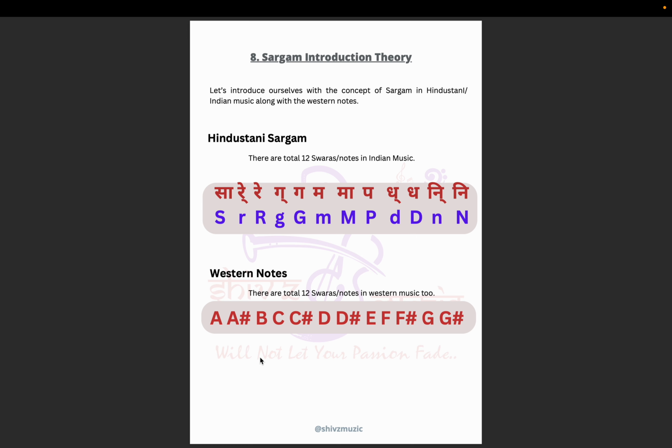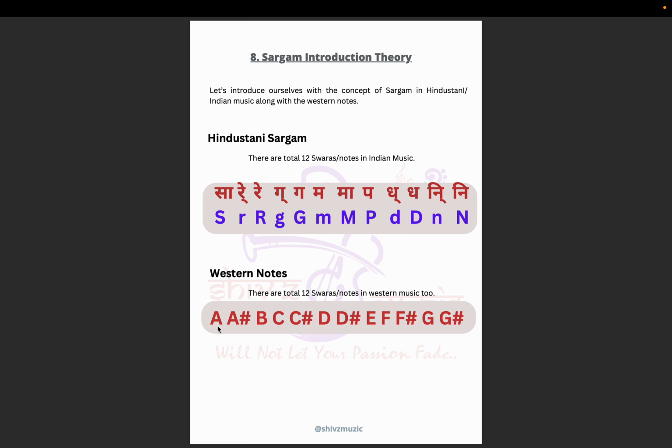So what are these 12 notes in Western music? You can see A, A sharp, B, no sharp for B, C, C sharp, D, D sharp, E, no sharp for E, F, F sharp, G, G sharp.